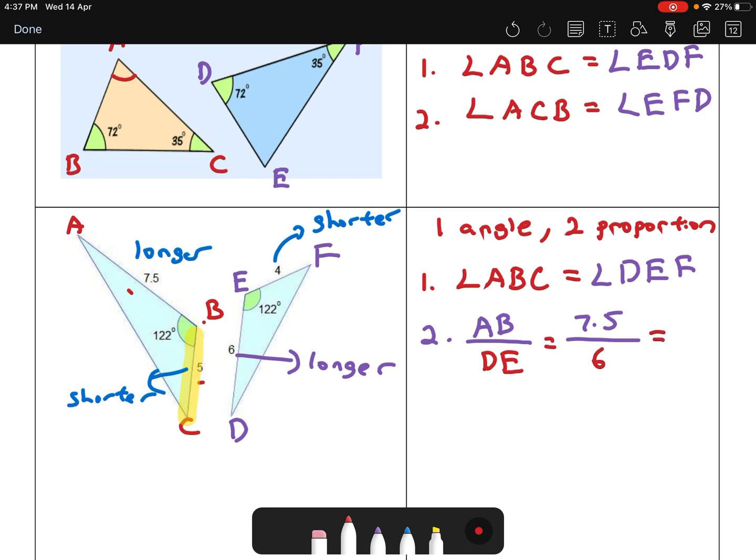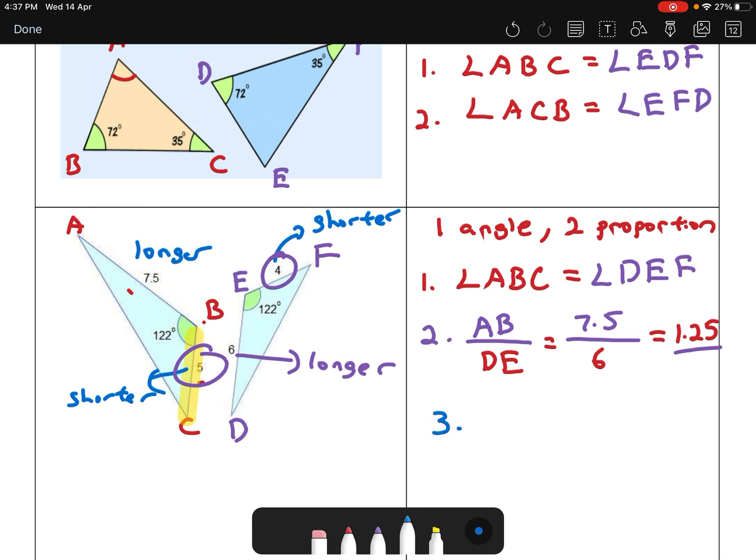If you find the ratio, 7.5 divided by 6, you'll get about 1.25. So the ratio between these two lengths is about 1.25. If my two triangles are similar, the ratio between these two must also give me 1.25.